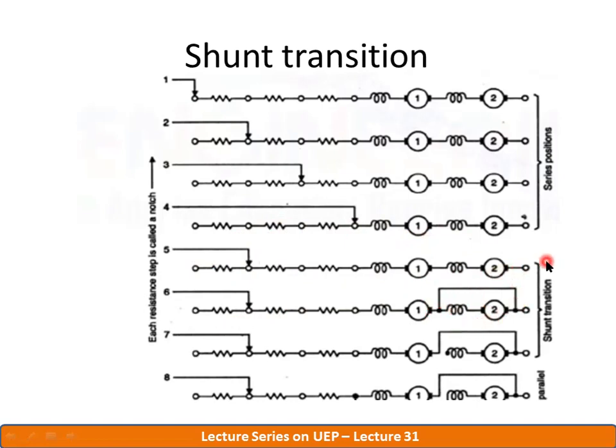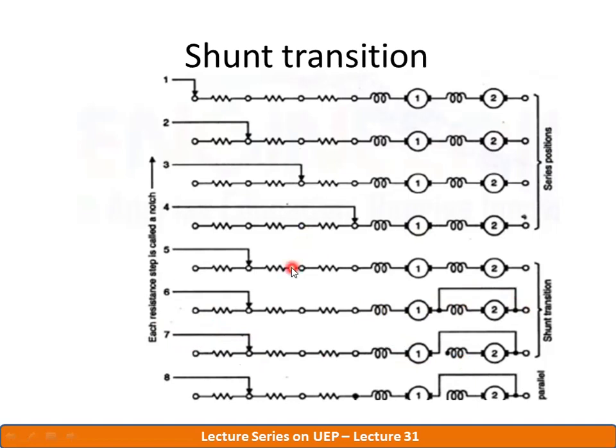The output side of motor 1 is directly connected to the supply. Resistance is included, which restricts the input. Next, in the seventh stage, resistance is again connected to the circuit, and the field of the second motor is disconnected.